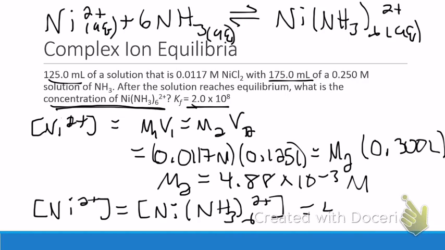So the concentration of our complex ion is going to be 4.88 times 10 to the negative 3 molar. Our concentration of nickel would then be very close to zero. Not quite zero because that would disrupt the equilibrium, but it will be very, very close to zero. Almost all of the nickel will be converted.